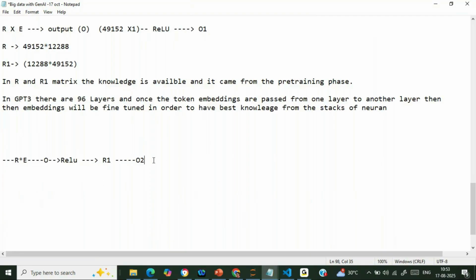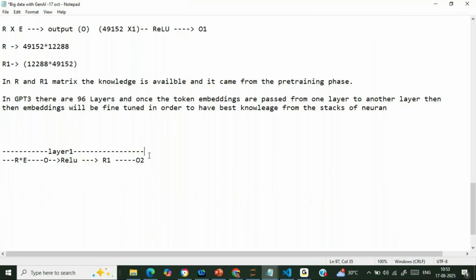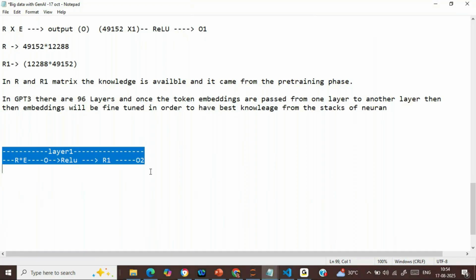It will pass from one layer to another layer, and this is layer one, and in the same fashion we will have 96 layers. And once we pass the embeddings through these layers, in the response we will get the tokens with the best knowledge from the stacks of neurons. So that is what is happening inside the MLP.